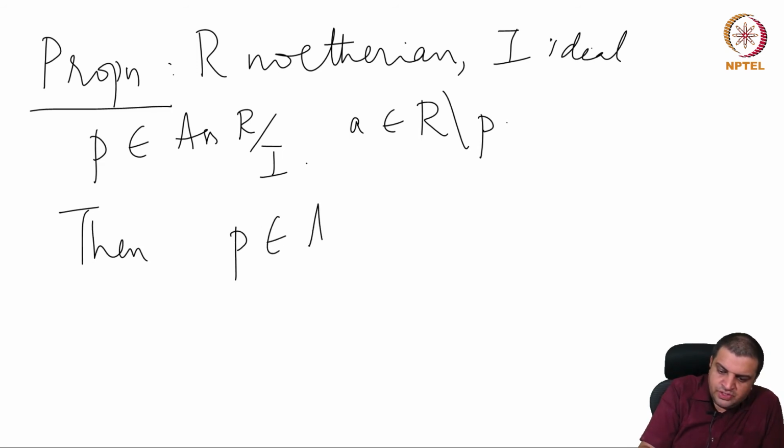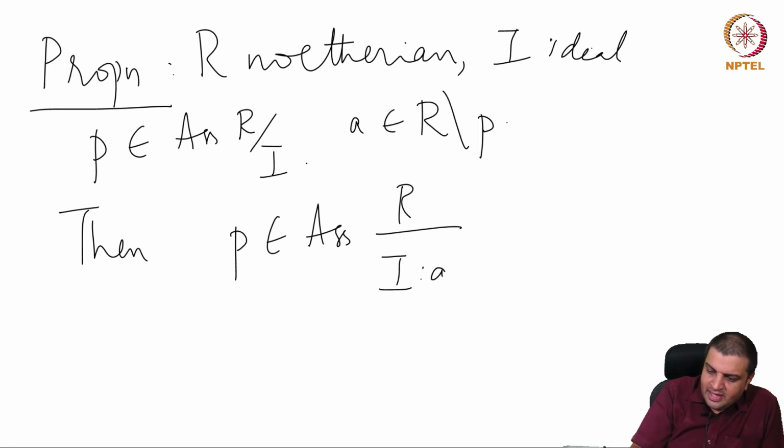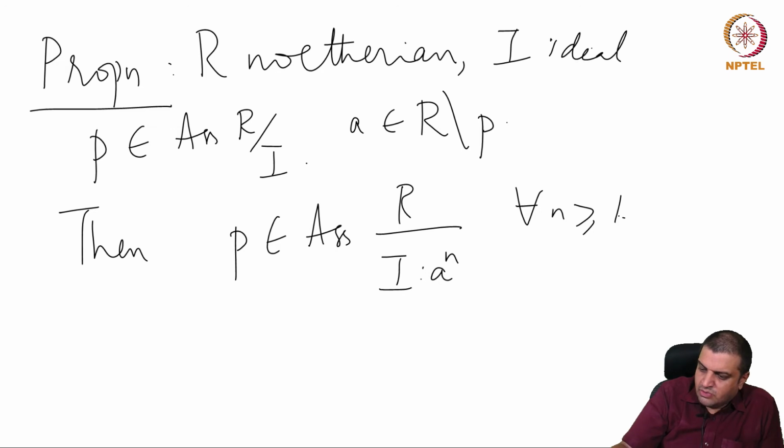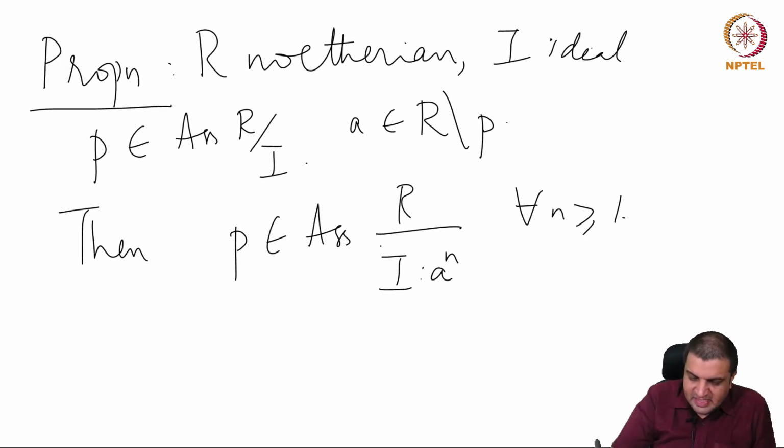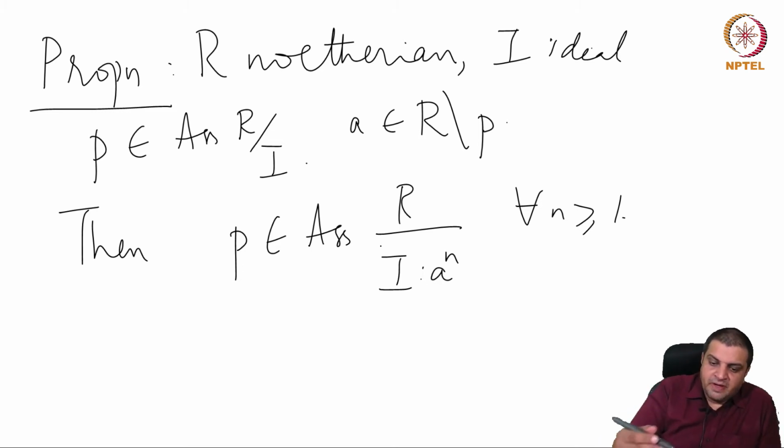P is associated to R mod (I colon A^n) for every integer n. And we will see that this is a way to identify associated primes that don't contain A. We are not there yet.